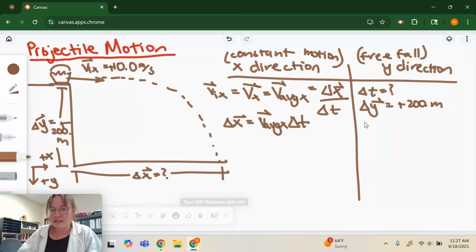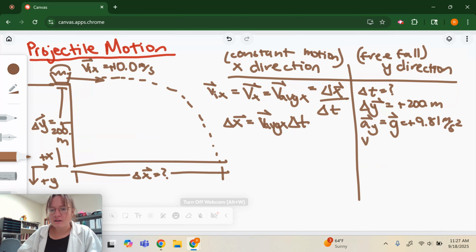Then I know that my acceleration in the y direction, I know that guy as well. In the y direction, my acceleration is going to be g. It's going to be positive 9.81 meters per second squared. Notice the positive sign here because, again, I'm accelerating down and I call down positive. And then there's one more secret given that I have that's a little bit of a sneaky one.